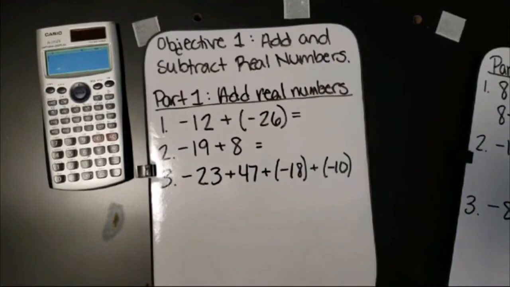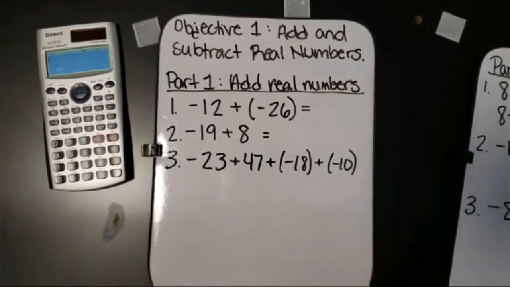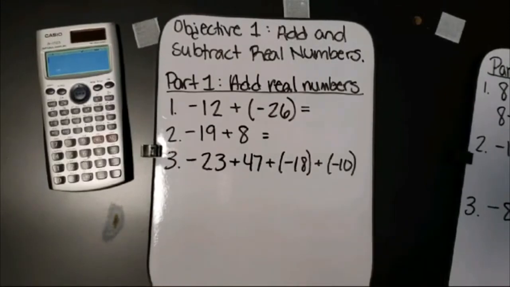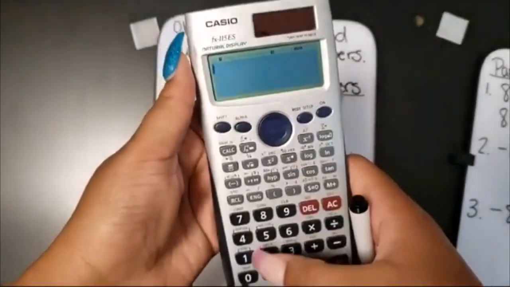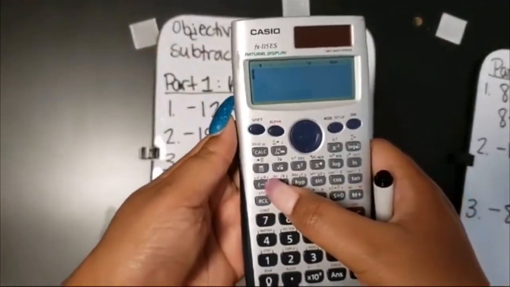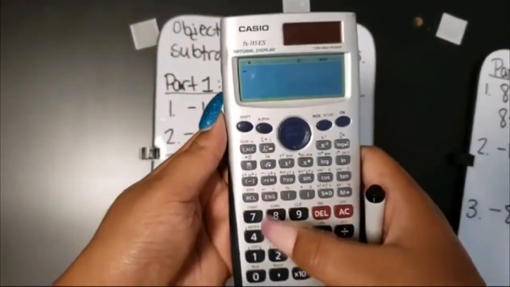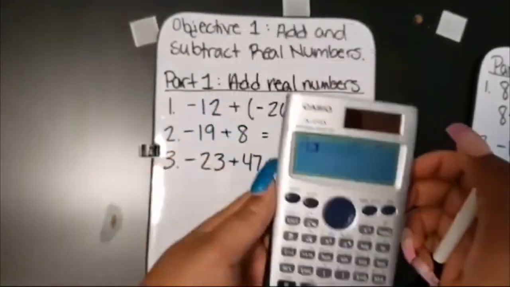So for part 1, we're going to look at adding real numbers. All right. So we have negative 12 plus negative 26. Okay. So in our calculator, on mine, this is the negative sign. So I can put that negative sign to get negative 12.